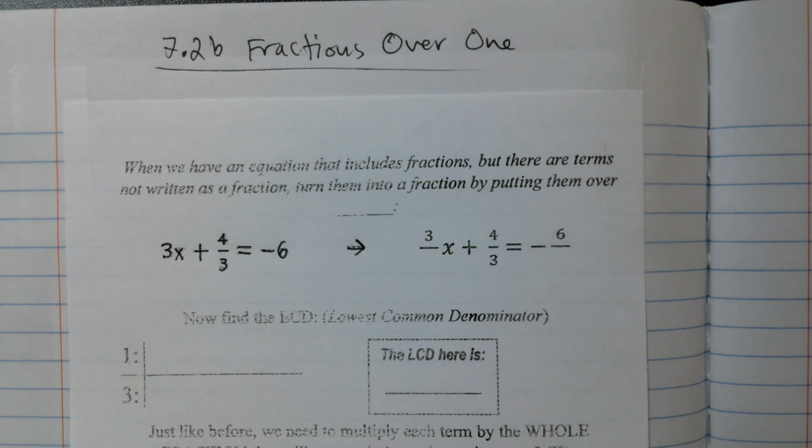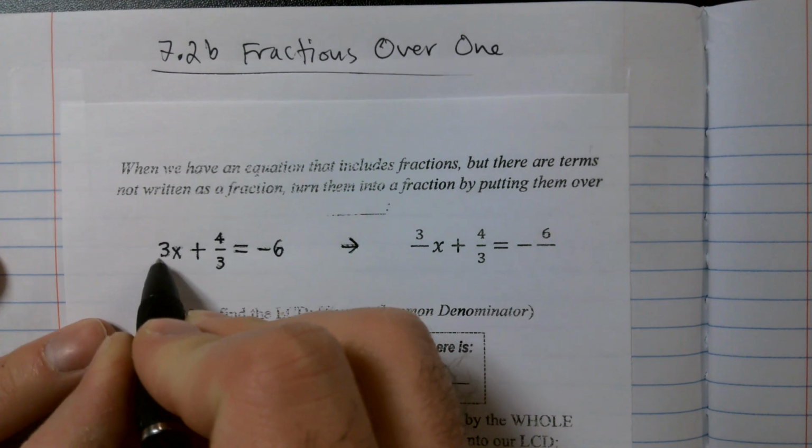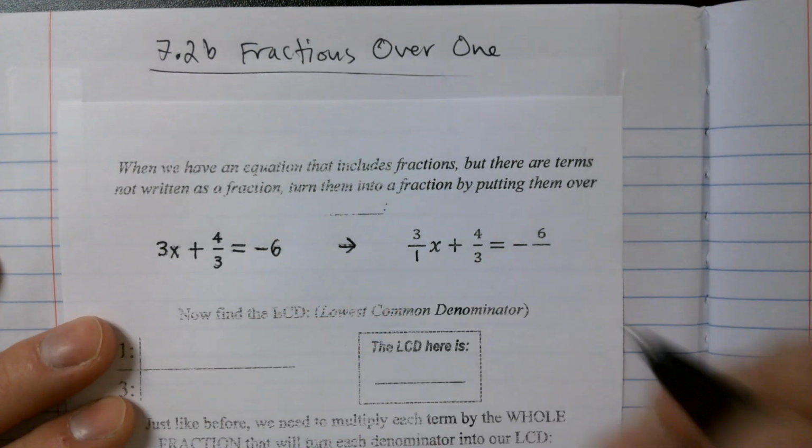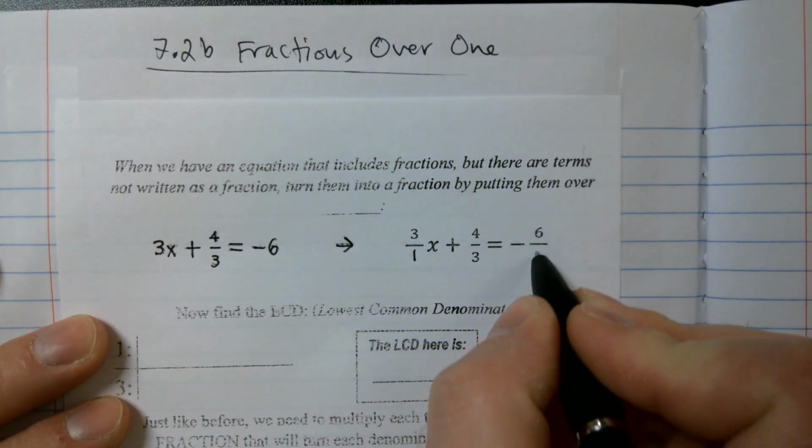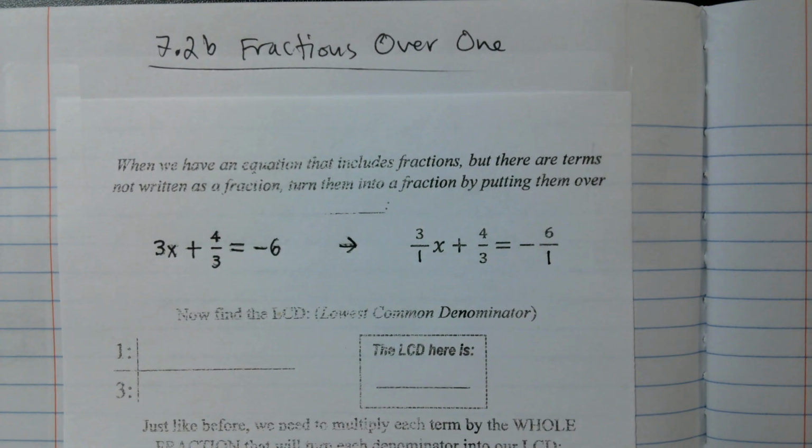So if I have a term that does not have a denominator, what can I put underneath that number? Does anyone know? A 1. A 1, exactly. So 3x turns into 3 over 1 x, and negative 6 turns into negative 6 over 1.